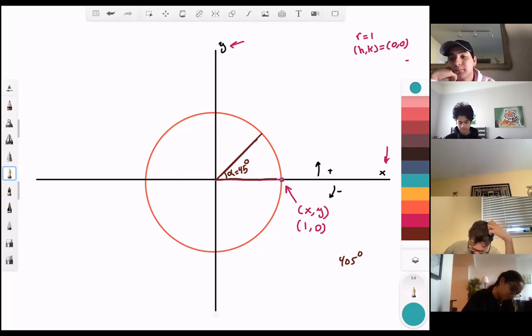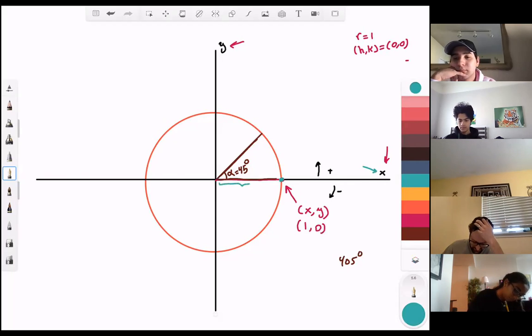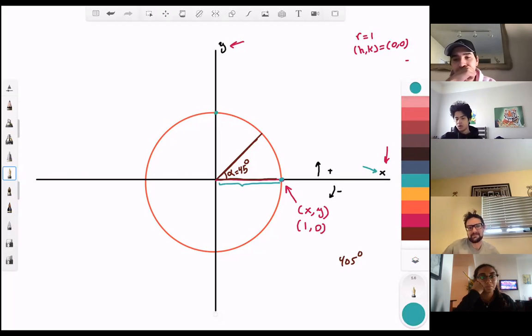So this, I know is in the circle, but there's an X here, correct? And we know this much is 1. So X is 1 and Y is 0. Elizabeth, what point is this? What's the coordinate of that point? 0, 1.